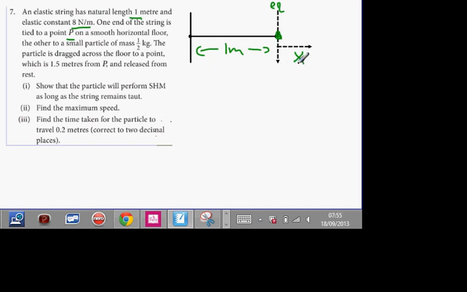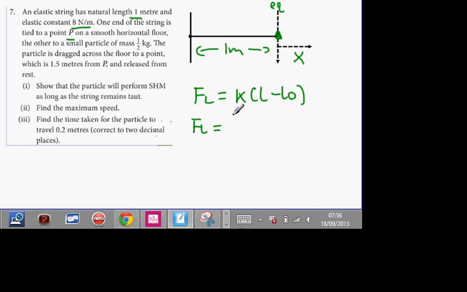So starting off, we're going to go for F, this is going to be force to the left, equals K(L minus L0). So we're going to set it up for a system with any extension first. So FL is going to equal K, and what's our K value? 8.